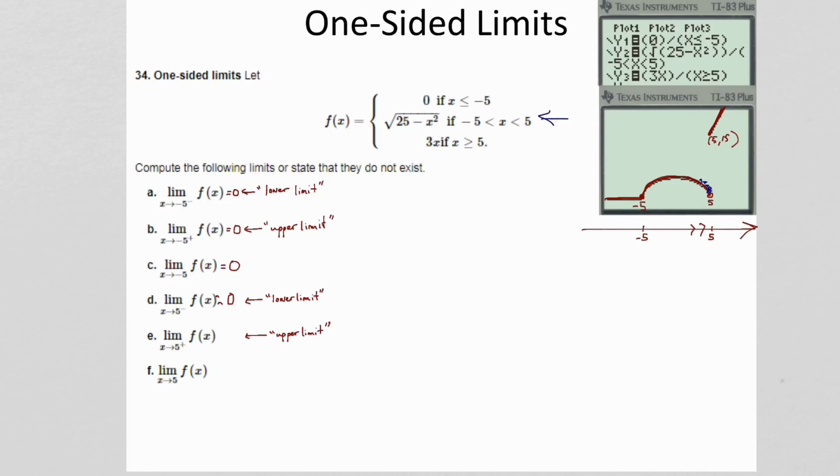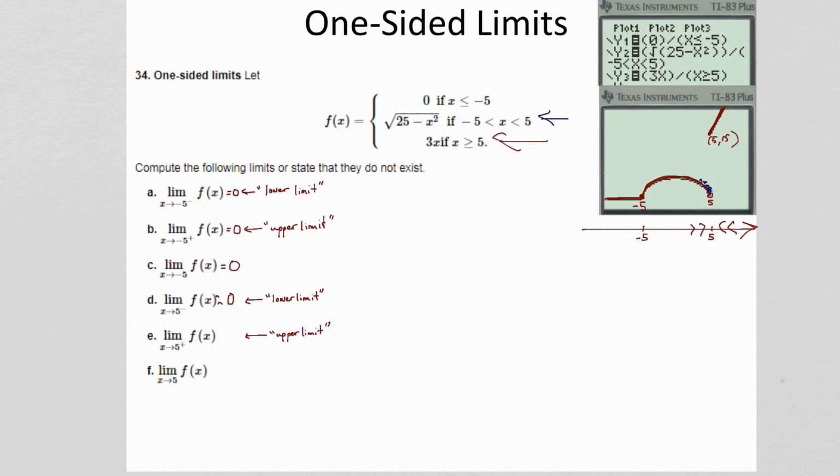Okay, now what about the upper limit? We're looking at the limit as x approaches 5 from above, in other words, from values that are strictly larger than 5. What happens to the image of those values? Well, if x is larger than 5, we're looking at this part of the graph.